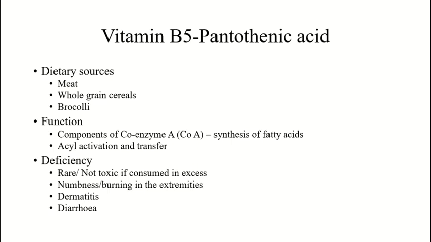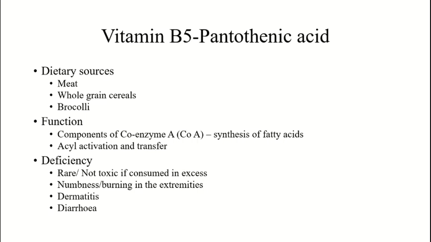Now, because some pantothenic acid is present in almost all foods, a deficiency is rare except in people with severe malnutrition. When someone has a pantothenic acid deficiency, it is usually accompanied by deficiency in other nutrients, making it difficult to identify the effects that are specific to pantothenic acid.